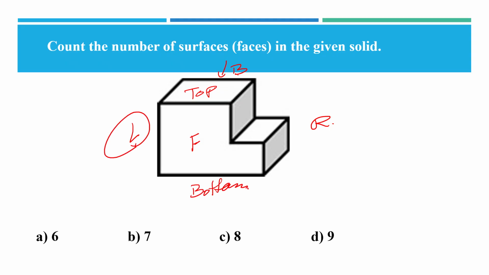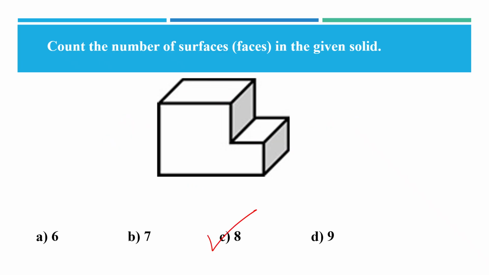So here I have one face from left, one face from top, and one face at the back, so three, and one face at the front, fourth, and bottom is my fifth. But from the right side, it's not a single surface. We have here one. Let me count this as six, this portion as seven, and this as eight. So there are totally eight faces in the given solid.